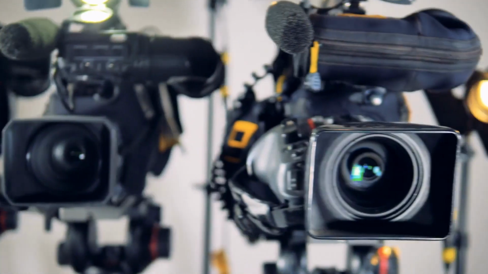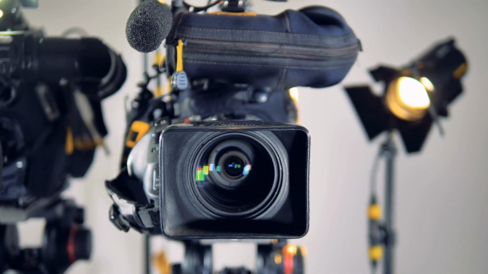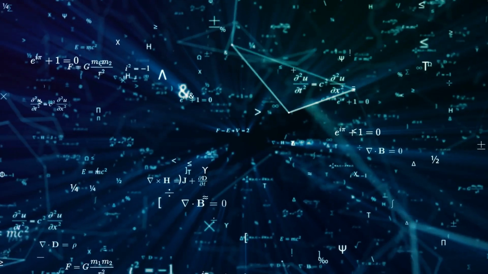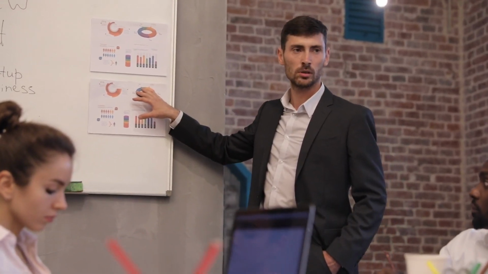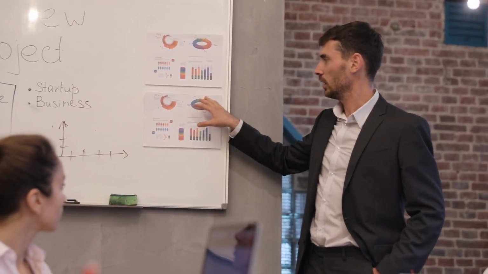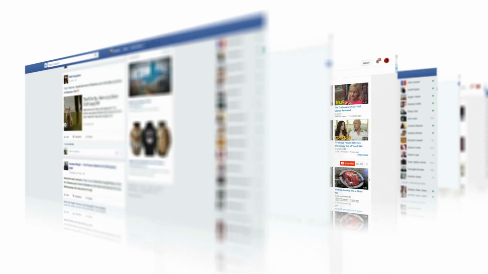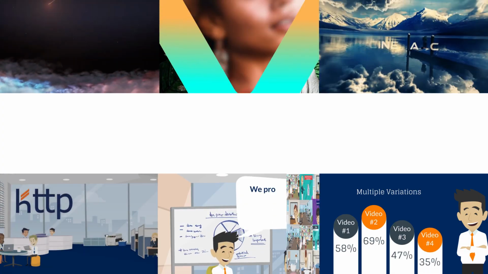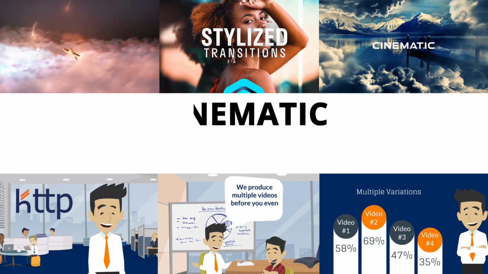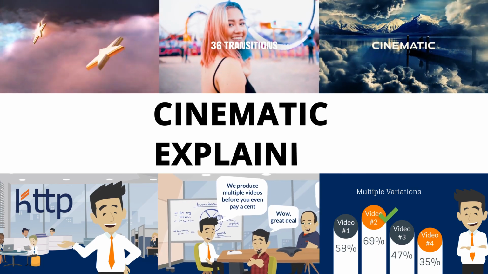So we'll produce analytically correct videos, including keywords which trigger the algorithm, resulting in a higher SEO ranking, with a potential number of links from reputable domains advertising you and providing the possibility of going viral. The result is achieved by two possible types of videos. They're referred to as cinematic and explainer videos.